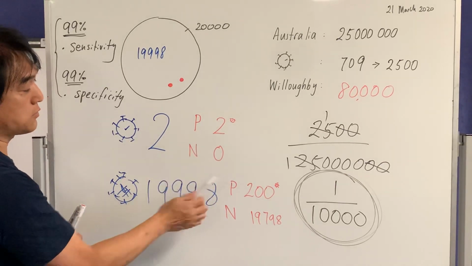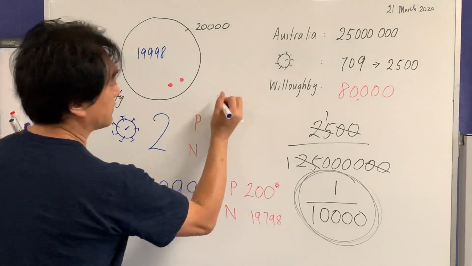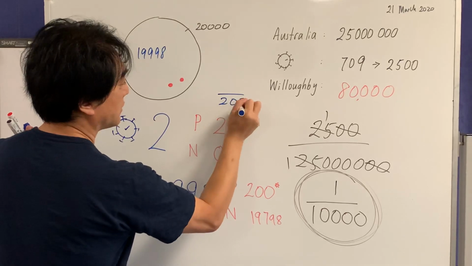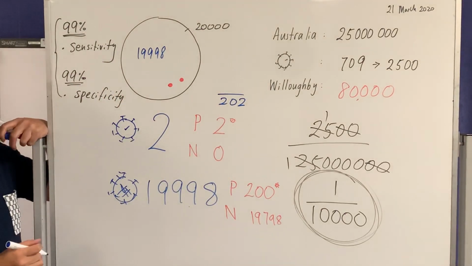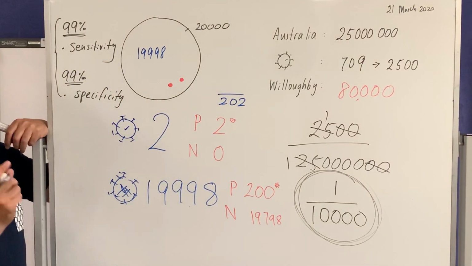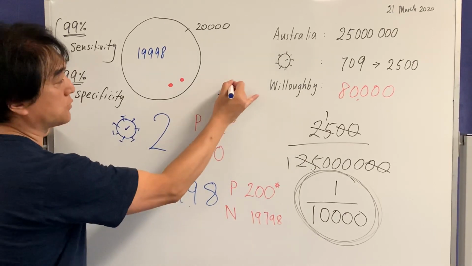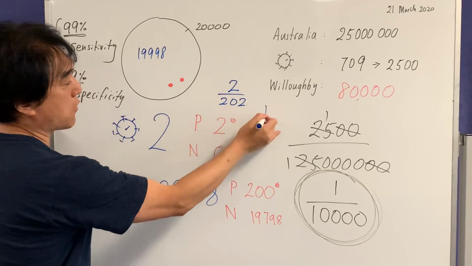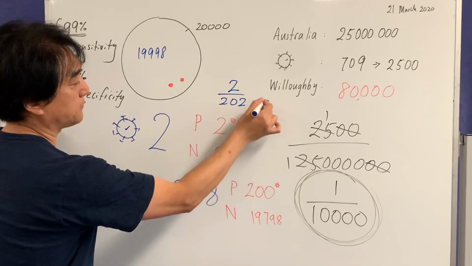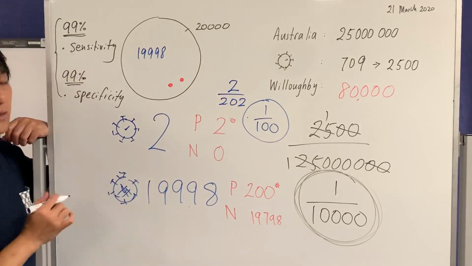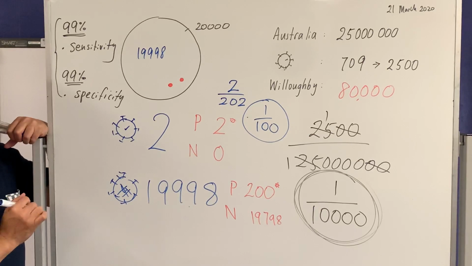So these 202 people received positive results saying you have coronavirus. The chance of actually having coronavirus or being infected is 2, which is almost 1%. This test is extremely inaccurate.